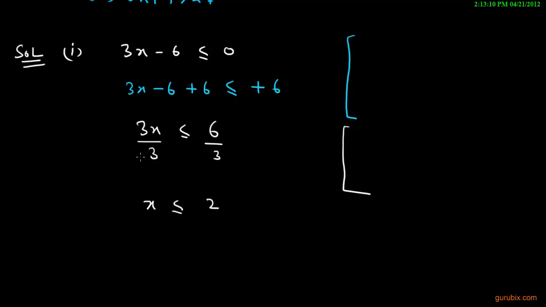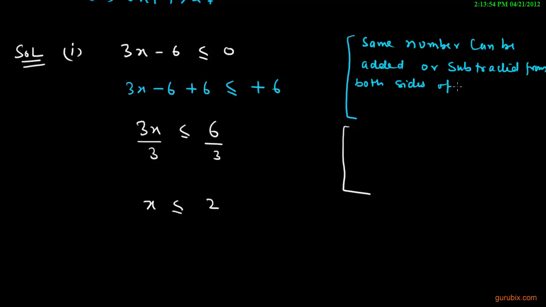Because we divided by a positive number, we need not reverse the sign of inequality. So we shall write the rules here. The same number can be added or subtracted from both sides of an inequation without changing the sign of inequality.